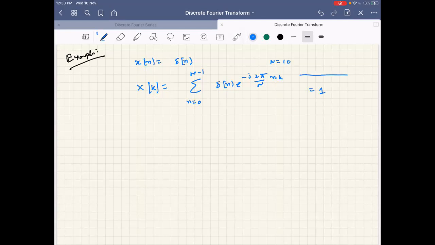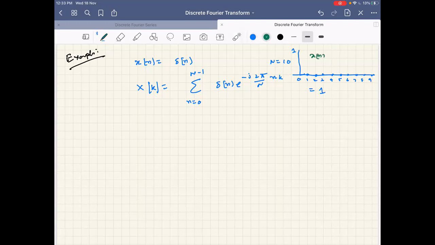To sketch, it will be like this. It is 1 at 0 location, and then 0, 0, 0, 0, 0, 0, 0, 0, 0 at locations 1, 2, 3, 4, 5, 6, 7, 8, 9. This is the sequence. That's all. It stops here. It doesn't repeat.